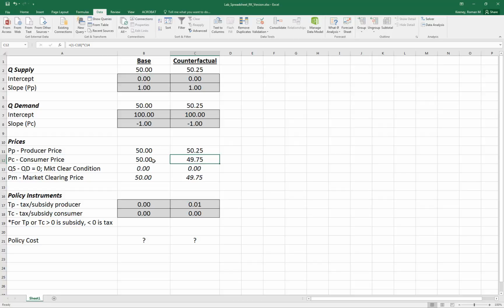So consumers used to pay 50, they now get to pay 49.75. Producers are only guaranteed to receive 50 cents higher than this price. So what we end up with is the gap stays at 0.5, but they share the subsidy, so to speak. Some benefit goes to the supply side of the market, some benefit goes to the demand side of the market.